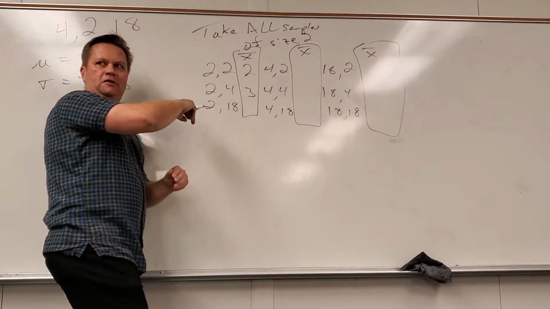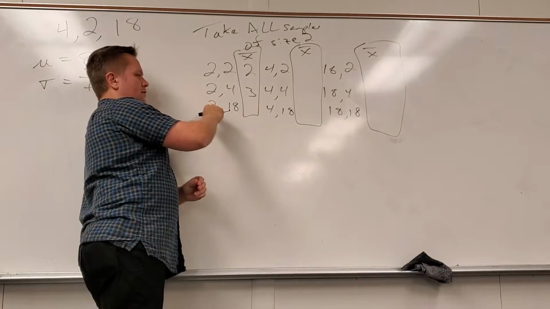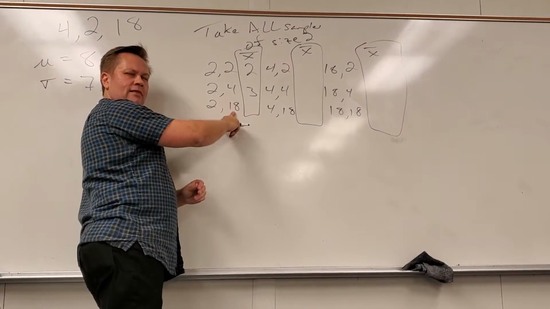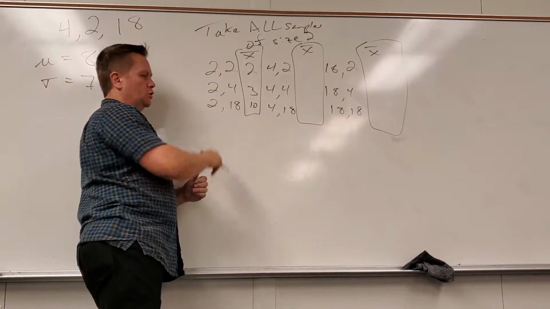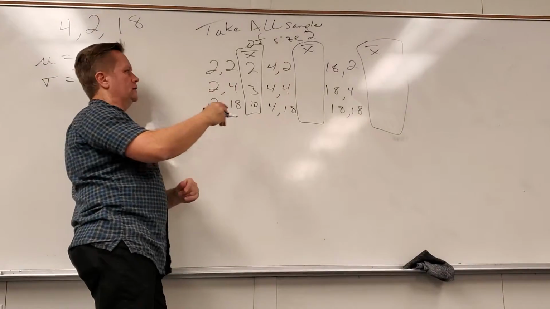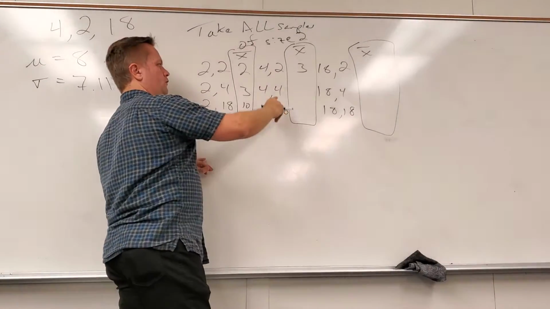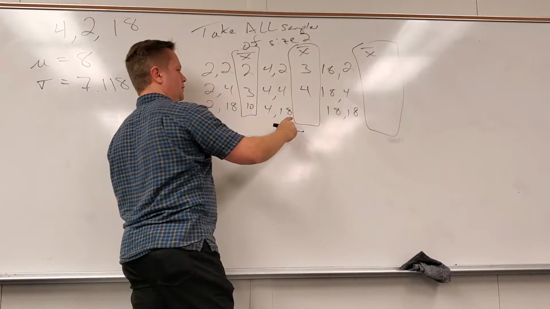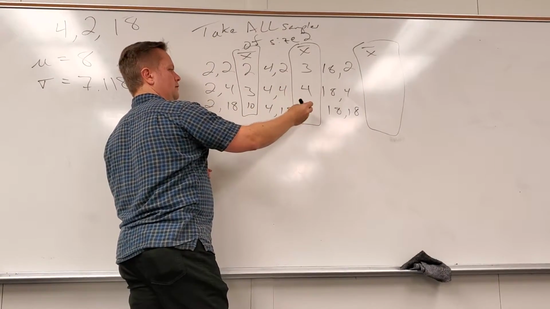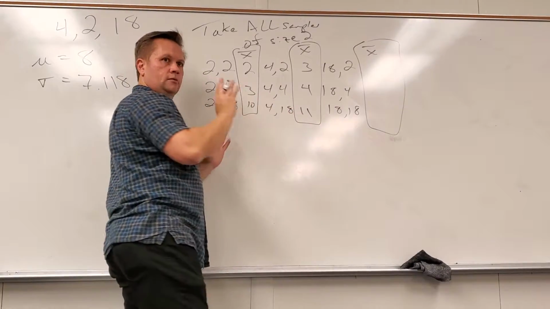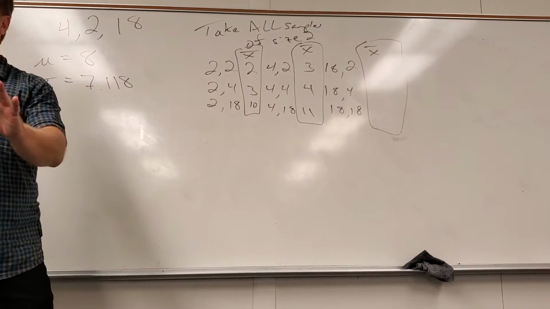Whoever picked all the even numbers, good job. 2 and 18? 10. Good. 2 and 18 is 20, divided by 2 is 10. 4 and 2, we did it already. 4 and 4? 4. 4 and 18? 11. Is everybody seeing where those numbers are coming from?